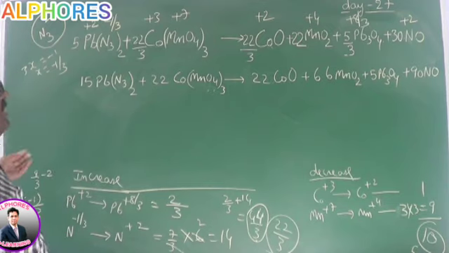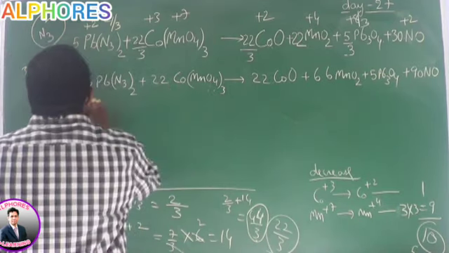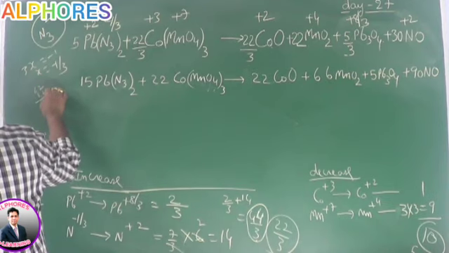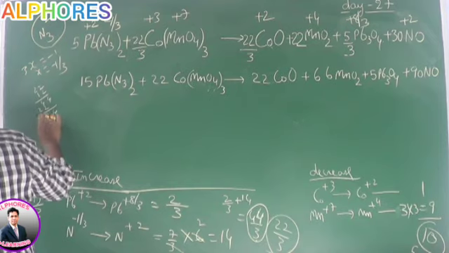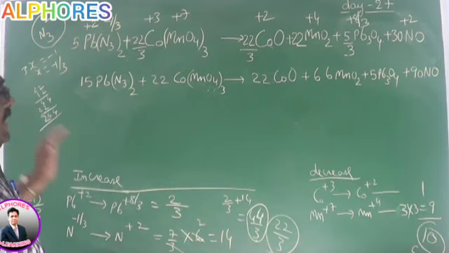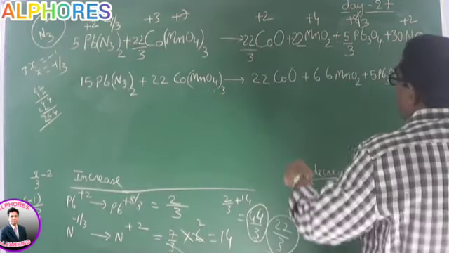Now let me balance the oxygen first. 12 into 22, 264.